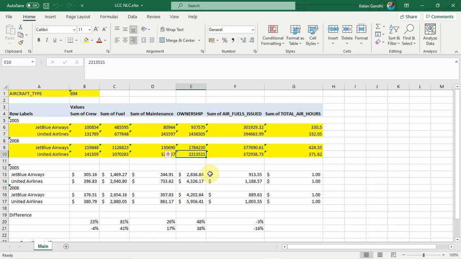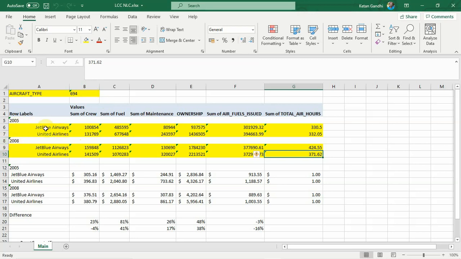Ownership cost was 22 million, and the fuel issued was 3 million, and 371.62 hours were flown for aircraft 694 for United Airlines in the year 2008.